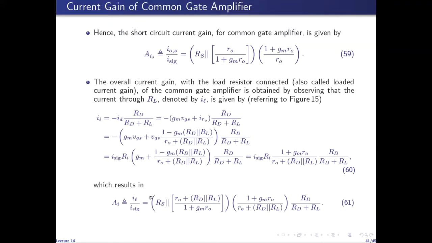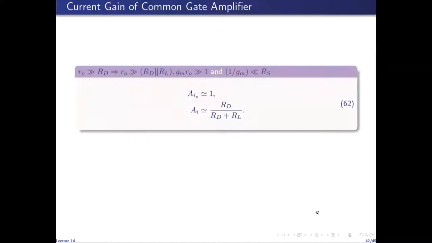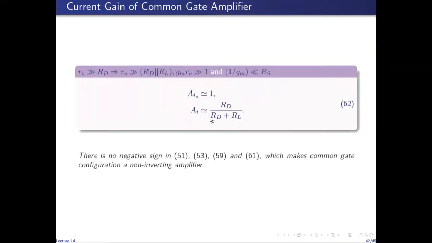So this factor becomes 1 over GM, this factor is GM, GM gets cancelled with GM in the denominator and we are left with this factor. So the loaded current gain of the common gate amplifier is just given by this factor at the output.